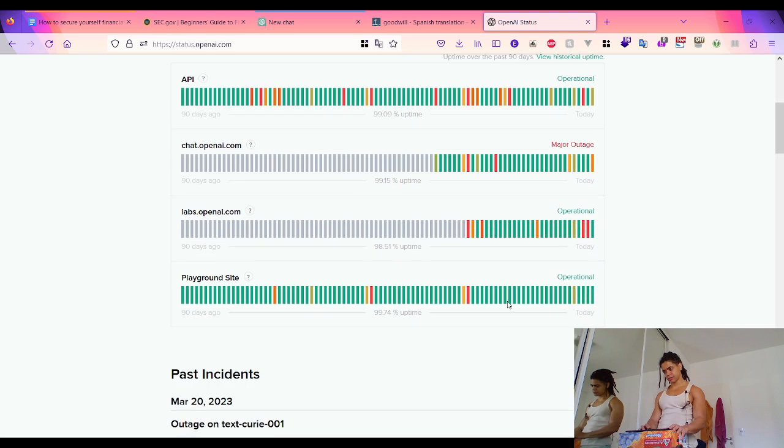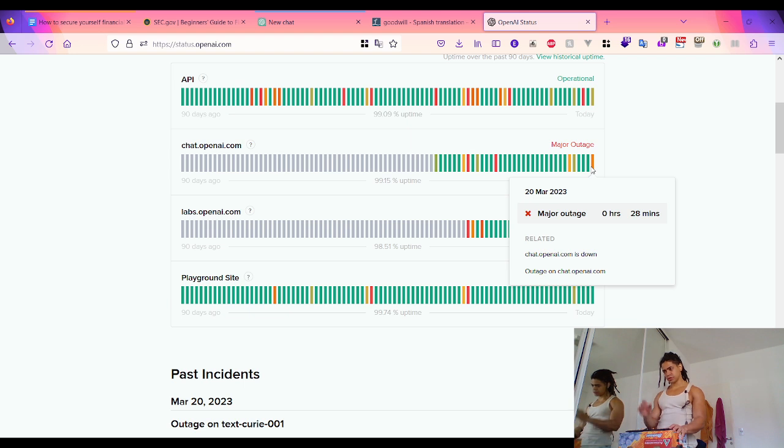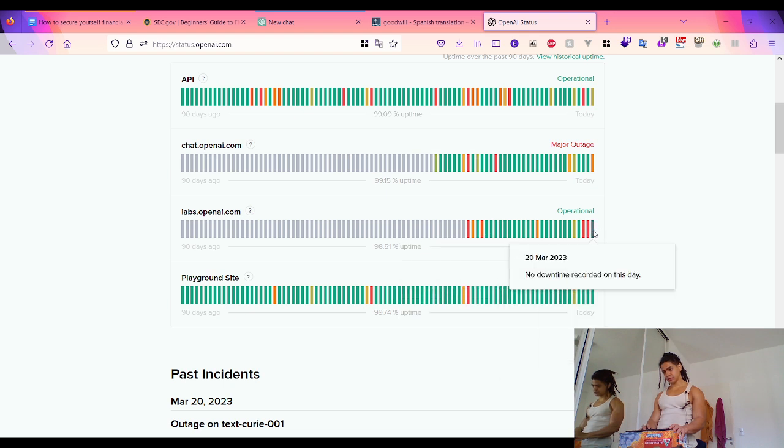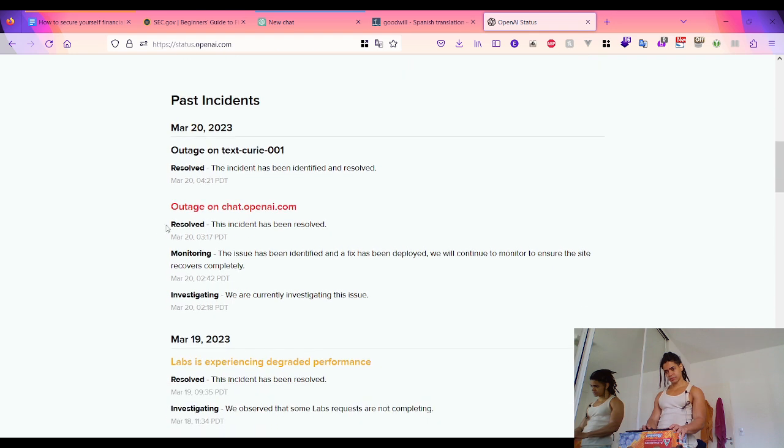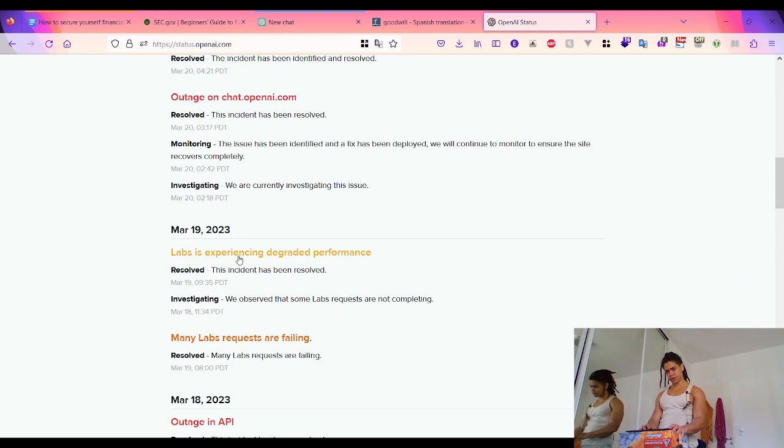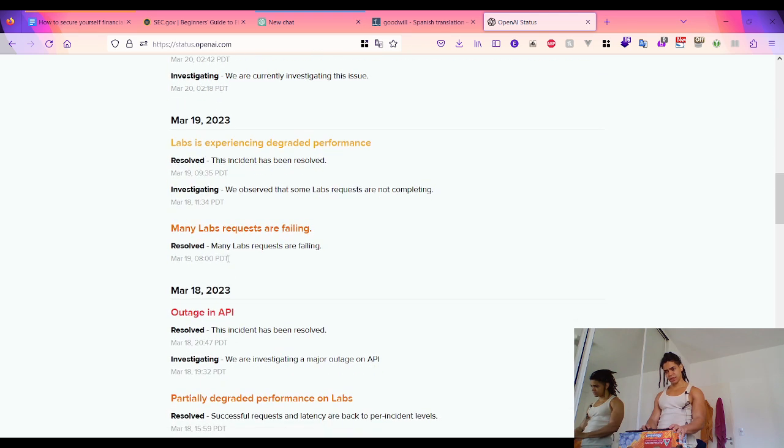Okay, 20 minutes. ChatGPT is down. Labs experience degraded performance. Many Labs requests are failing.